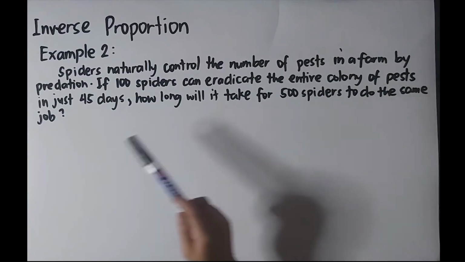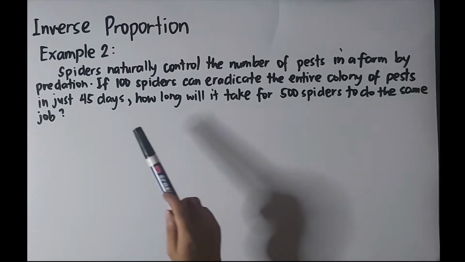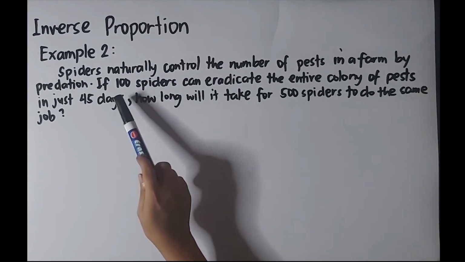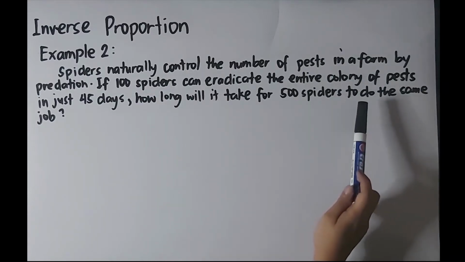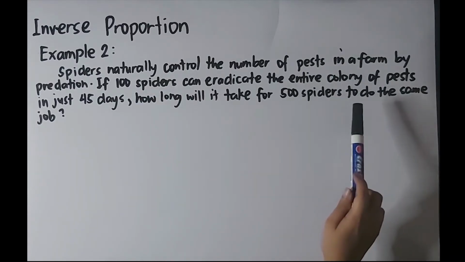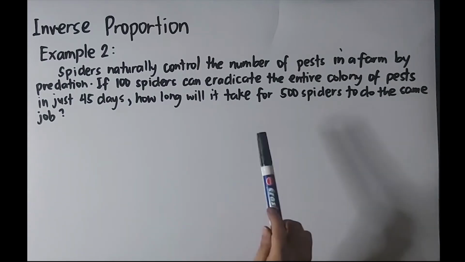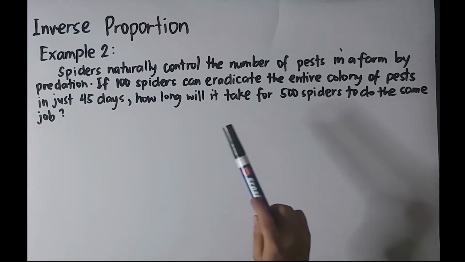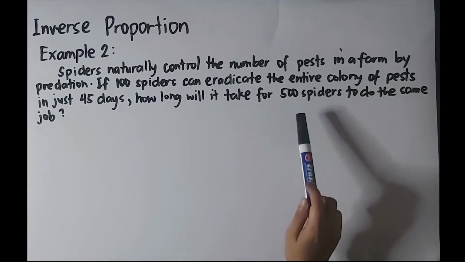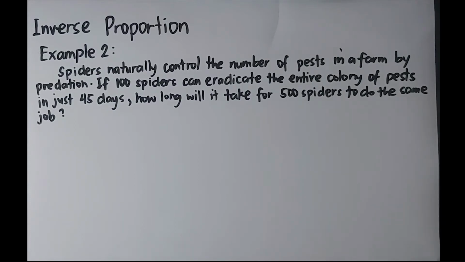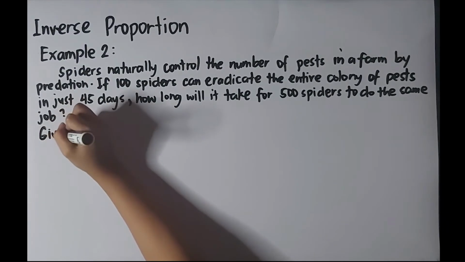So their job is to eliminate the entire colony. We have here 100 spiders that can eliminate the colony of pests in just 45 days. How long will it take if there are 500 spiders? So let's solve the problem. First, let's have our given.